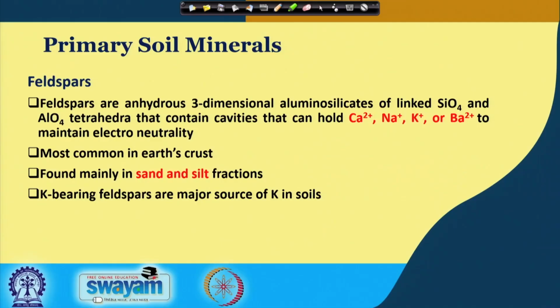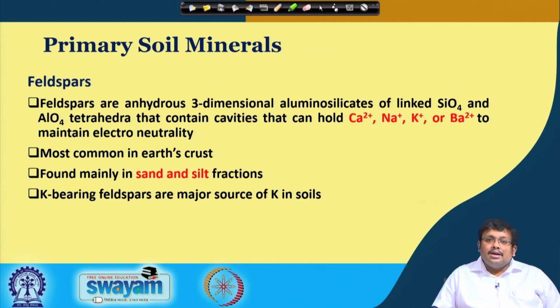Now in this lecture we will be discussing in detail the primary minerals and also different types of secondary minerals. So when we talk about the primary minerals, the first mineral which comes to our mind is the feldspar. Now, feldspars are anhydrous 3-dimensional aluminosilicates of linked silica tetrahedra and aluminum tetrahedra that contain cavities that can hold calcium, sodium, potassium and barium to maintain electroneutrality.